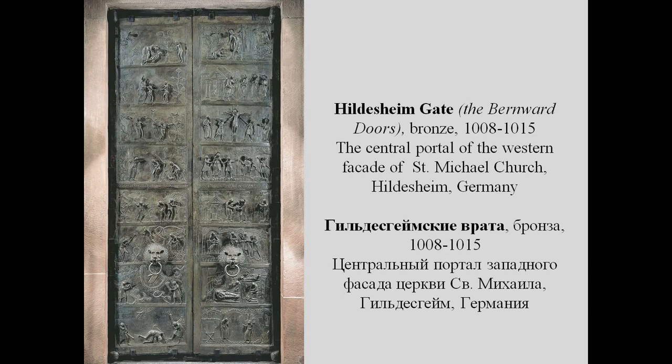The uniqueness of the gates lies in the technical performance. For the first time since the times of the Roman Empire, the doors were cast entirely, not from separate plates as they did in Byzantium and Italy. So these are the first medieval bronze doors decorated with an extensive cycle of reliefs on the plots of Holy Scripture.